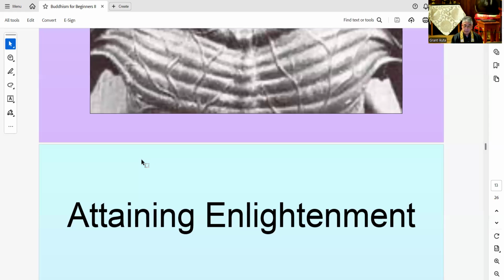And it's then that it's said, according to the legends, that he is visited by some heavenly deities who urge him to share with others what he has awakened to. And so, out of deep compassion for humanity, for all beings, Siddhartha makes that ultimate decision to share what he has awakened to.